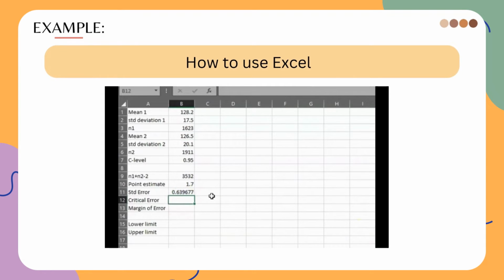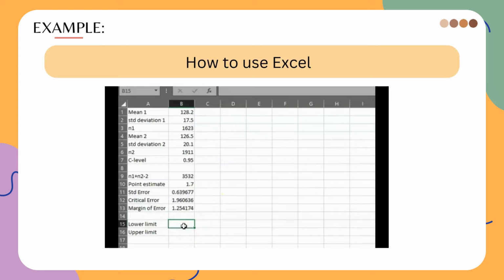Next, to find the critical value, you need to type equal T.INV and double click this. After that, type 1 minus C level and click this value. Close bracket, enter. You get the critical value. To find the margin of error, you just need to click this cell, type equal, click critical value, times standard error, enter.